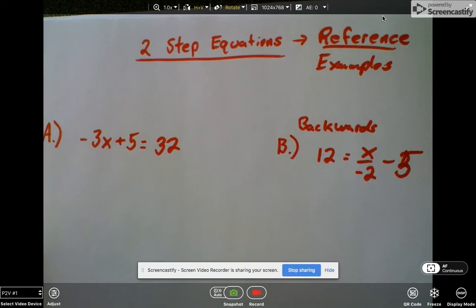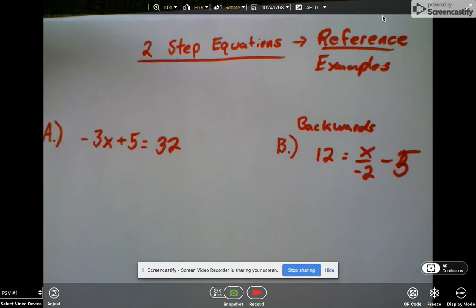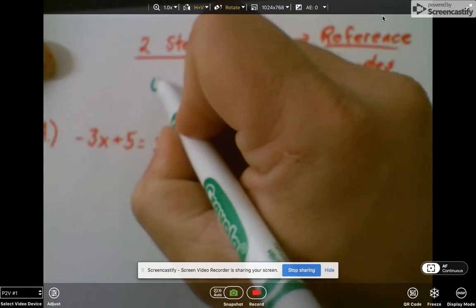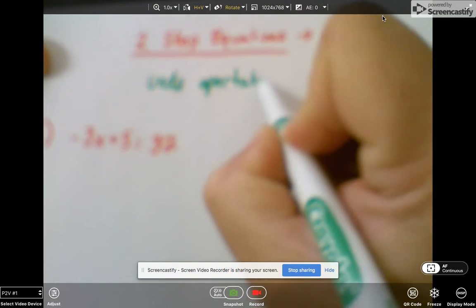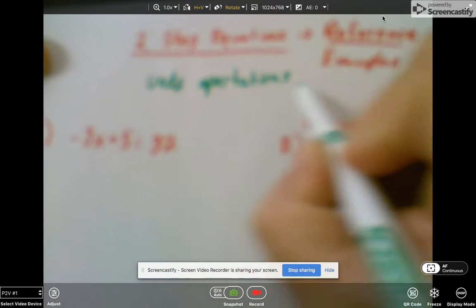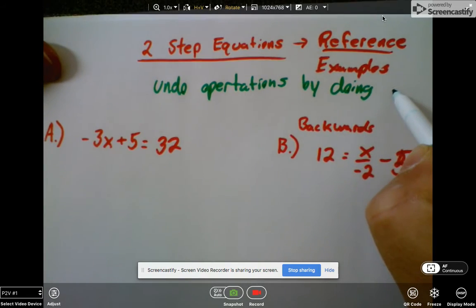So with two-step equations, the first thing you always have to do basically with any equation is undo operations. So copy this down by doing opposite.